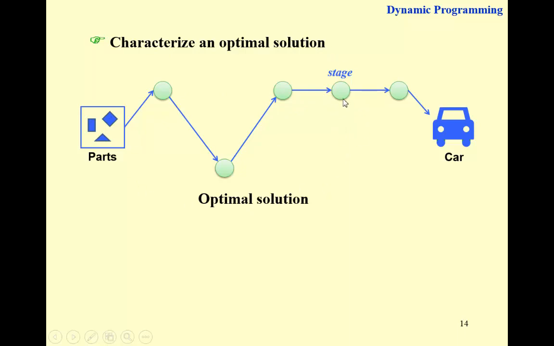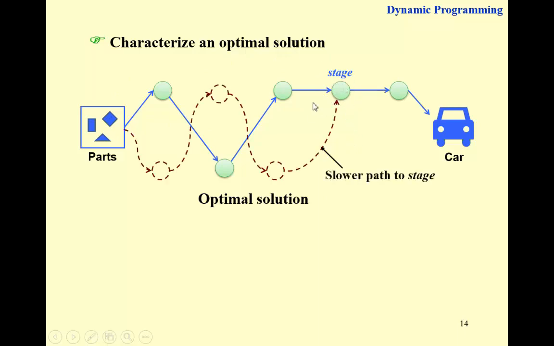We can prove by contradiction. If this is not true, so it means that we can reach this stage from some slower path and then still get to this point with the minimum cost. Is it possible? Certainly not, because they share the same last step.